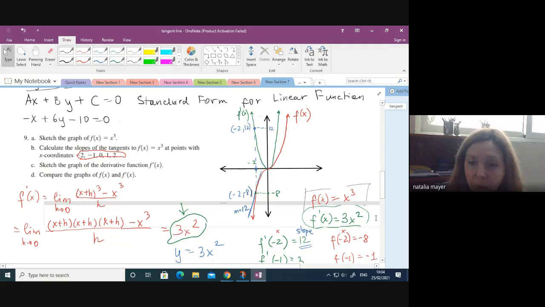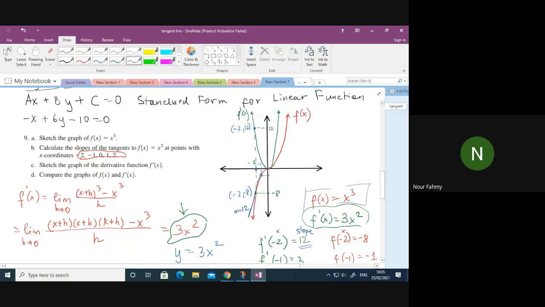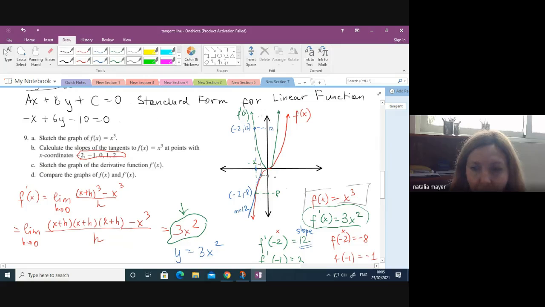Let's keep going. Next point, negative 1. I hope now it will become a bit faster. Negative 1 is here. Nur Fahmi, what's the corresponding y value for the original function here? Negative 1.